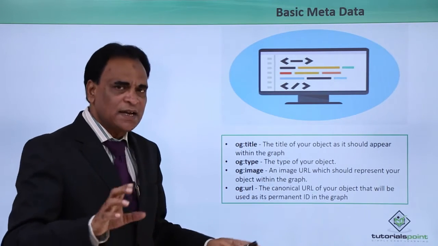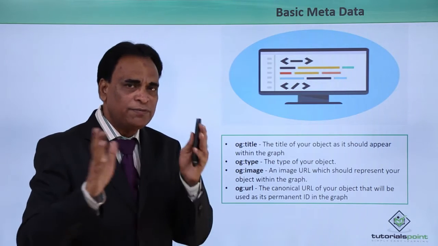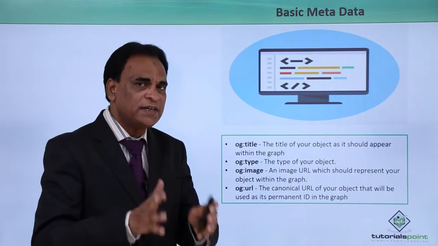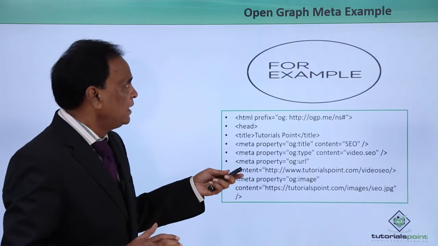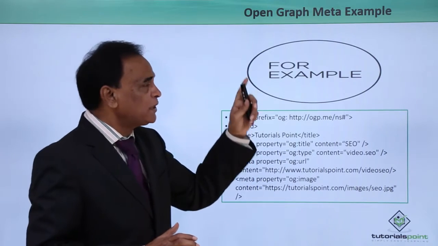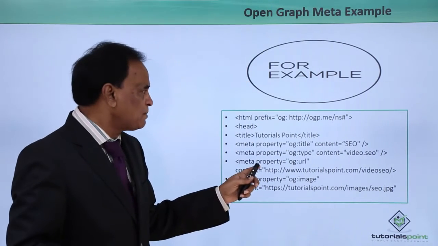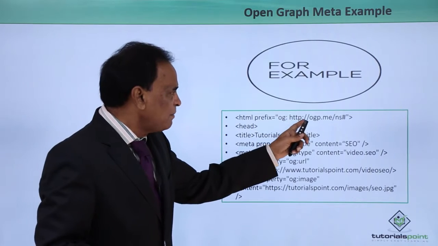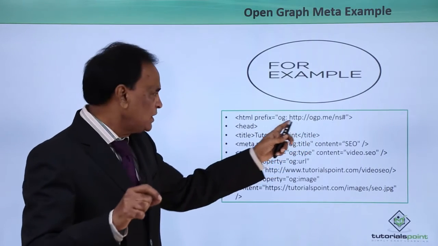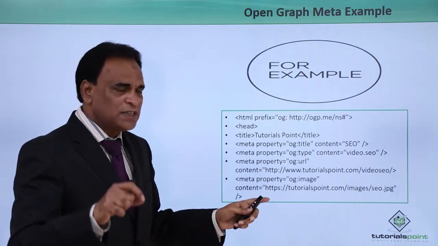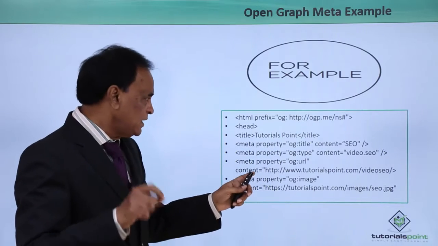Now, using the same thing, let's check an example of how it needs to be used on a website. I have given an example of Open Graph Meta Tag using our own website. This is the Open Graph protocol that you need to use. The title of this page is Tutorials Point, the website we are talking about.